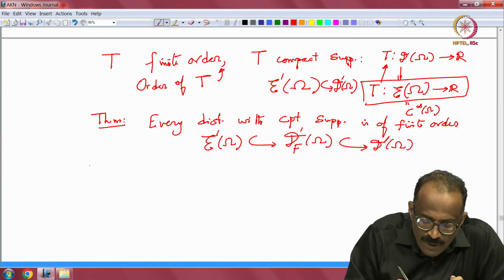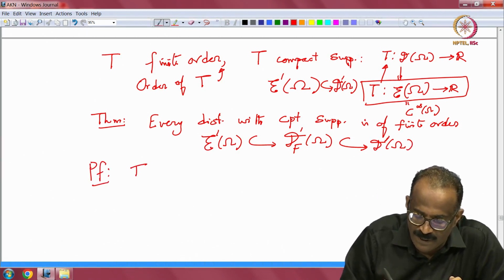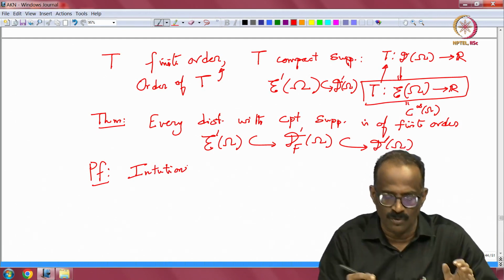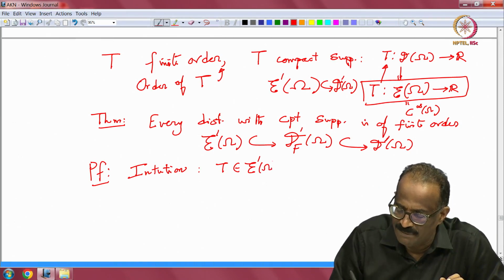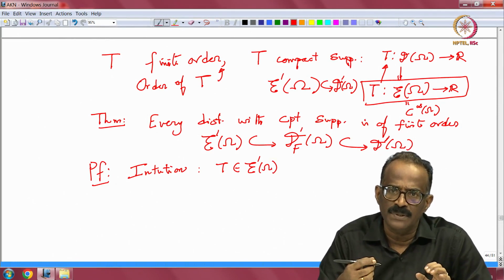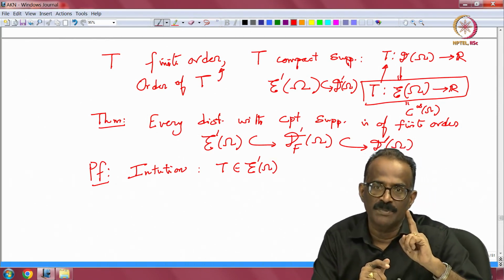So, let me try to give you a proof. First, let me give you the intuition, that is very clear. What is the meaning of T? Suppose T is in E prime. The proof is one line, once you know the idea. When T is a distribution with compact support, you recall the continuity estimate.